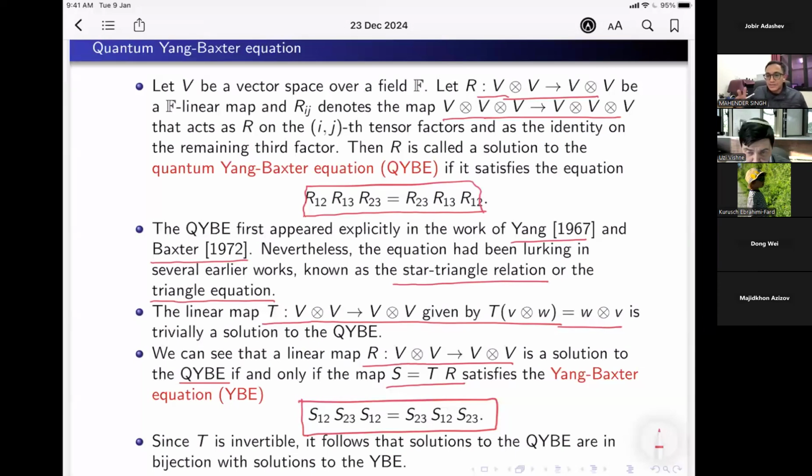Here Sij means S acts on the ith and jth coordinates and as identity on the third coordinate. If you just replace S12 by an alphabet A and S23 by an alphabet B, then this is simply the braid relation ABA equals BAB. This is the famous braid relation, and this is one of the defining relations in the Artin braid group. So this is the connection to mathematics that I see.